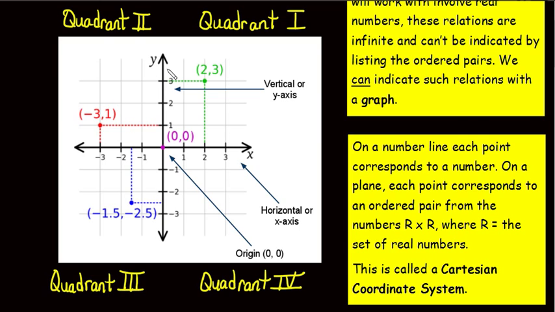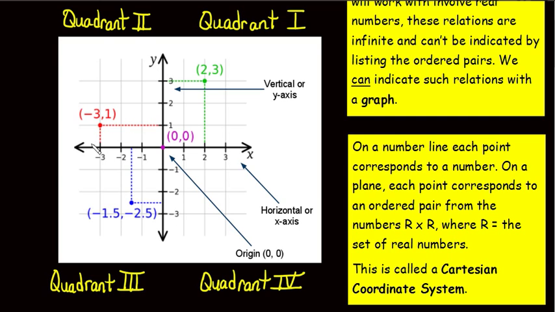Now, when you draw this, you've got an x-axis, which is going to indicate the domain of your ordered pair, the first set of numbers. The y-axis is going to indicate the range of your ordered pair, the second set of numbers.